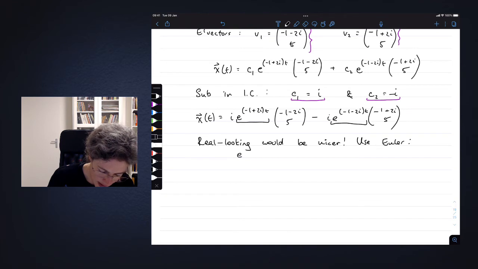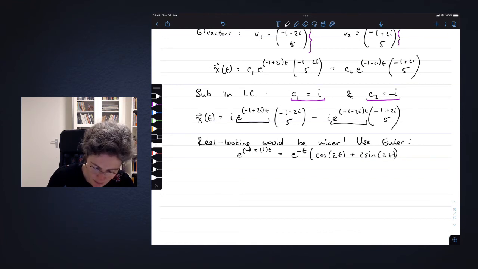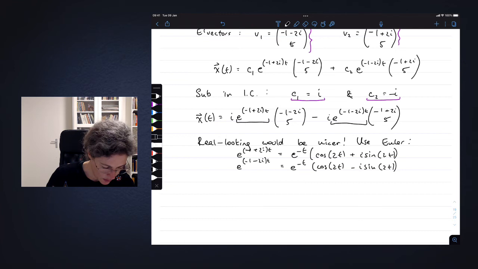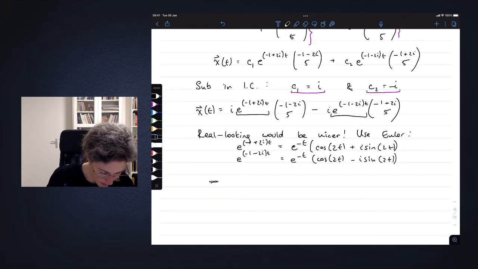So we're going to write e to the minus 1 plus 2i t as e to the minus t, cos of 2t plus i sine of 2t, and the same for the complex conjugate. So if you do that and you do some rewriting, then you can get your x of t in this form here.